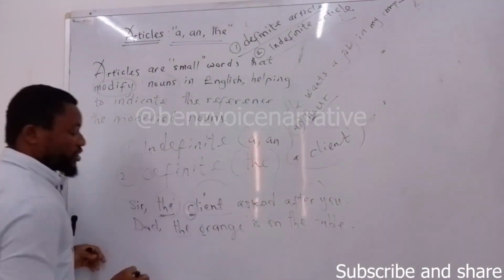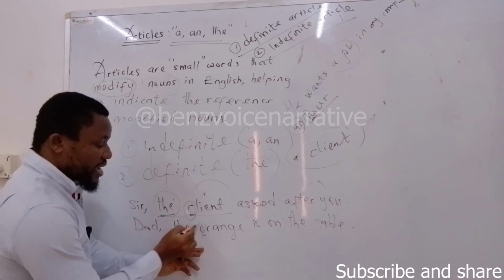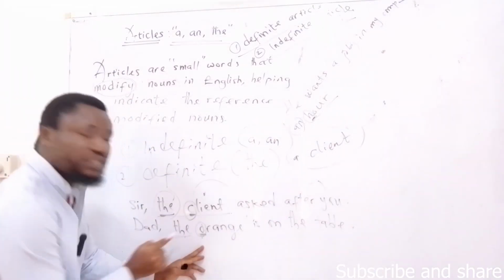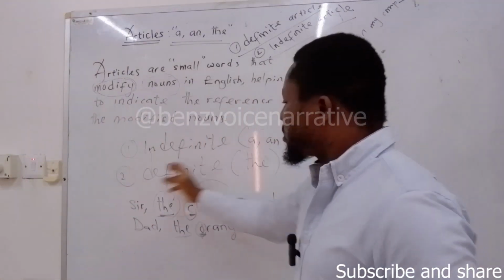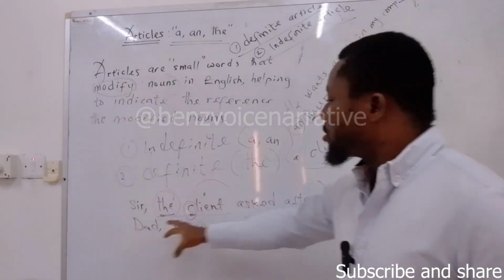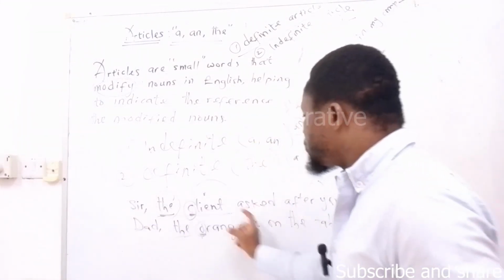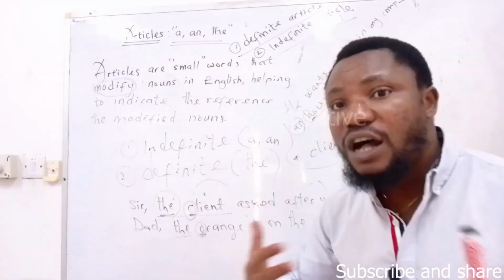The orange. You can see that this article is coming before orange, and orange begins with a vowel sound. So that is a very important piece of information to note about the definite article THE. It comes before words that begin with a consonant sound. It comes before words that begin with a vowel sound.